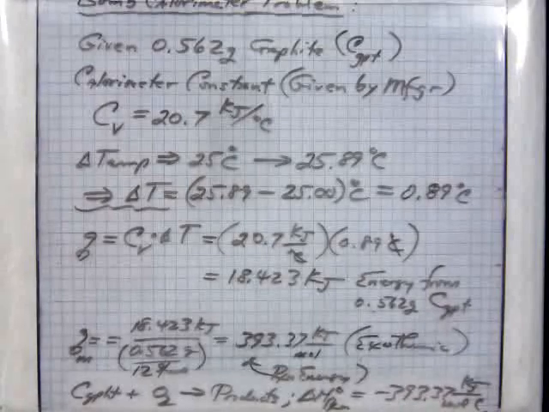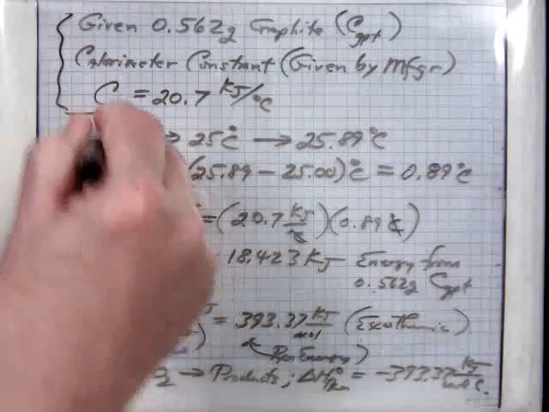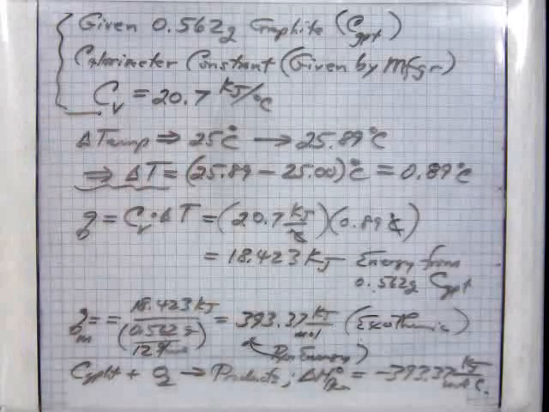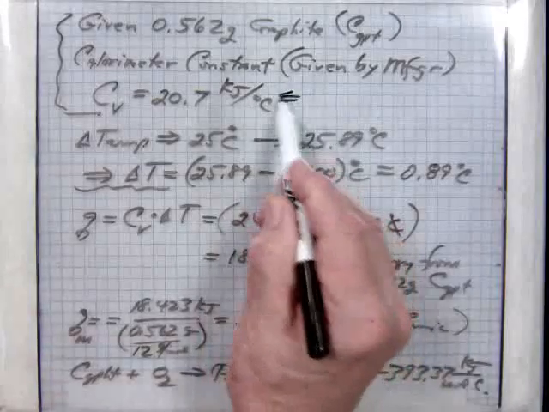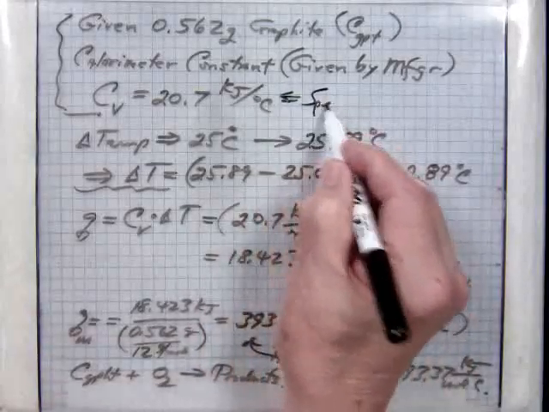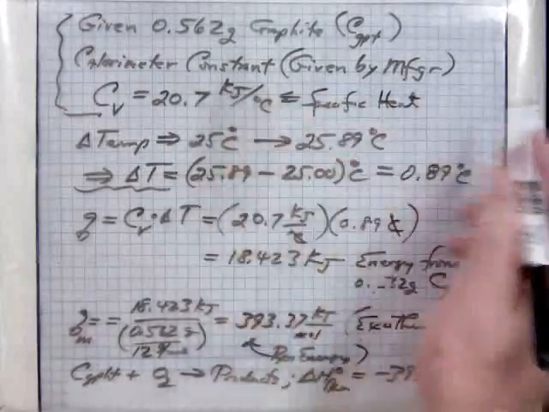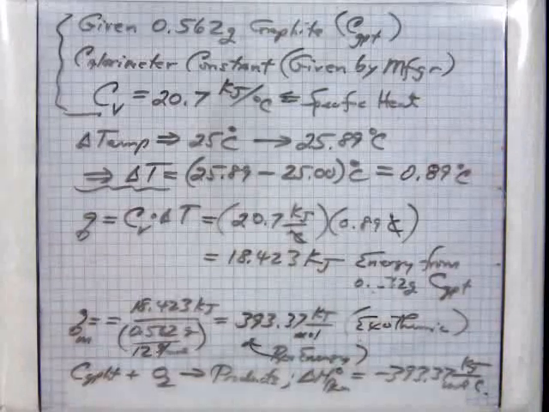So this sometimes confuses people when the data comes to them. They're not going to tell you it's a calorimeter. They'll say the specific heat of the calorimeter is such and such. And when you see specific heat defined here in kilojoules per degree Celsius, it's the amount of heat necessary to raise 1 mole of substance 1 degree Celsius.